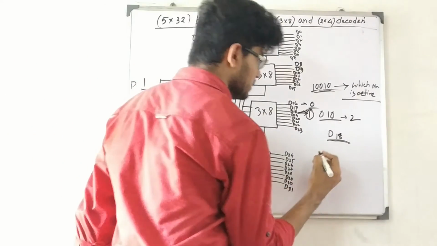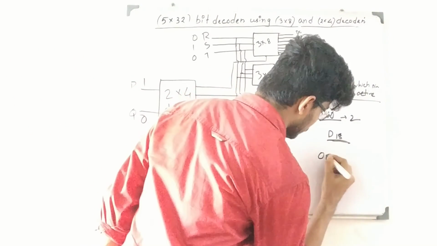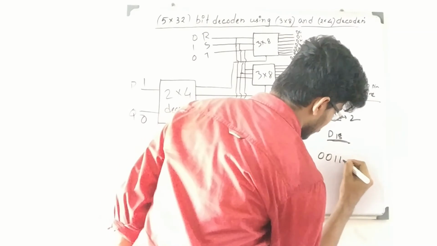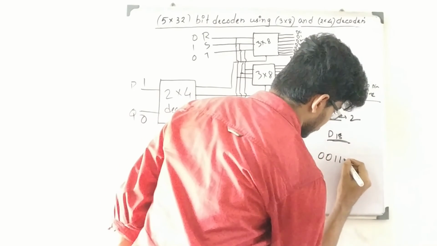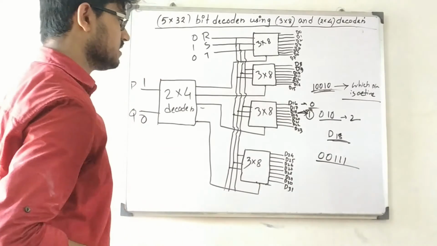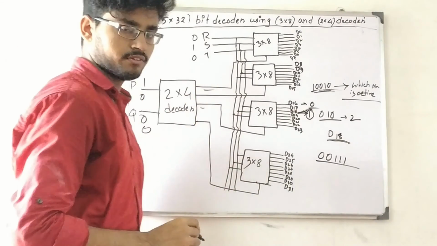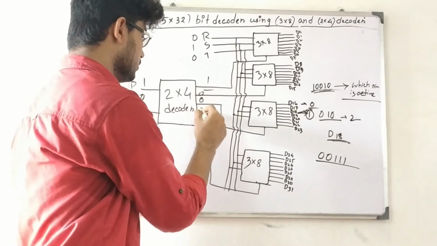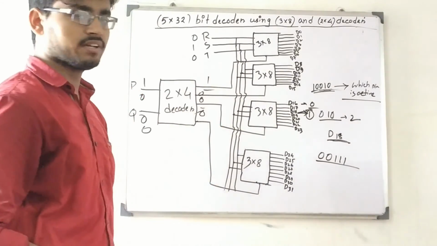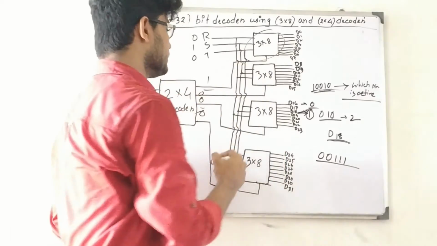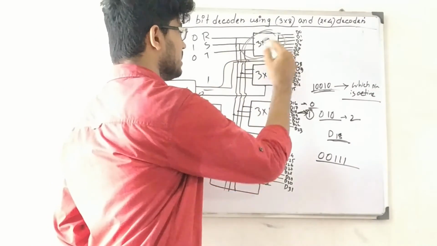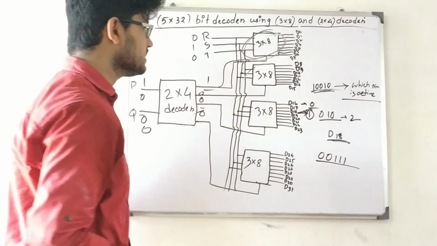Similarly, if we take 0 0 1 1 1 here, the first two bits are 0 0. Then only the first pin is active. The first pin is high, and the rest of the pins are 0. As the first pin is high, only the first decoder is activated, and the rest of the decoder circuits are in inactive form.